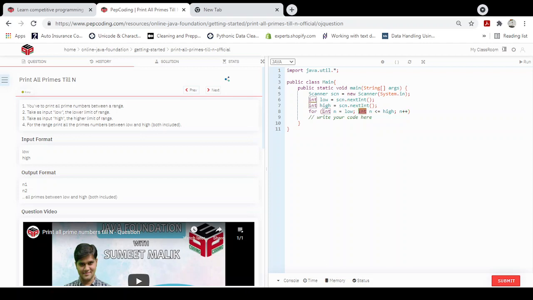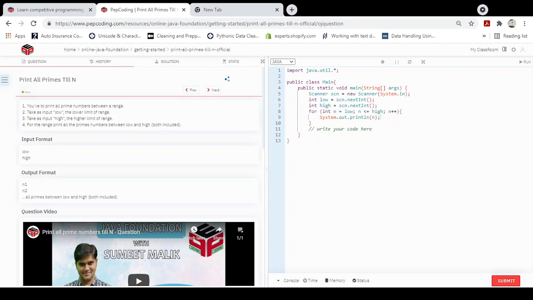And basically we don't need this int because I have initialized int in the first case only here. So I don't need this int. Now I'm printing the output, and that is I'm printing the numbers.